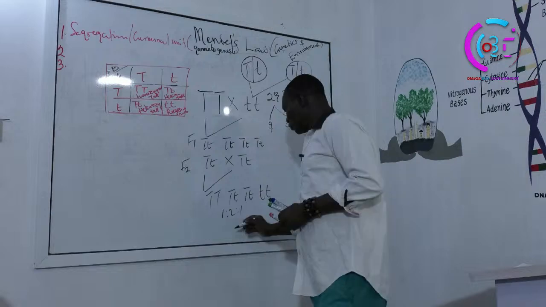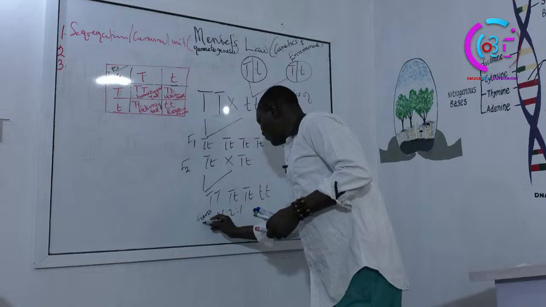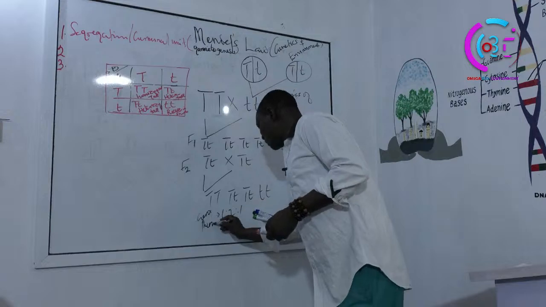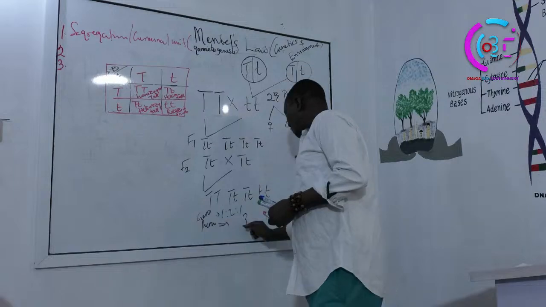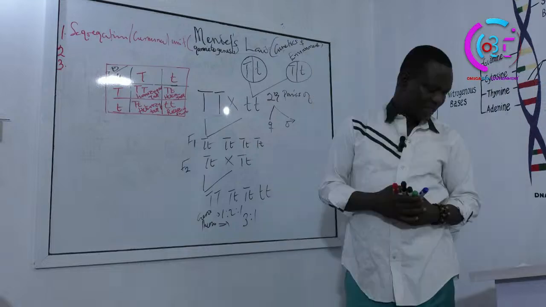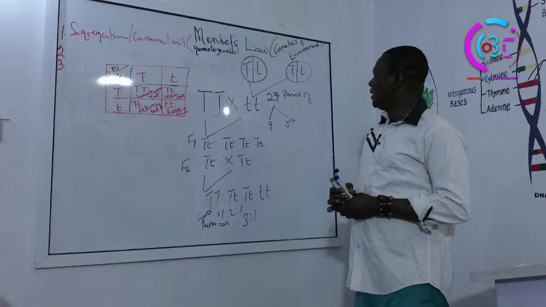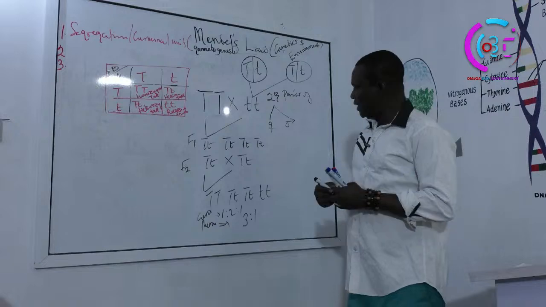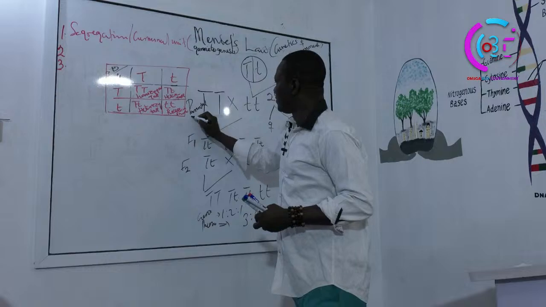So that is genotypic. But phenotypically, that is physically, what we are going to see is that it is going to be 3:1, and that is the verification of Mendel's first law.